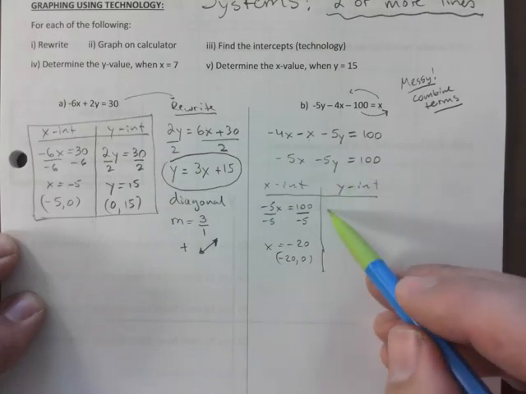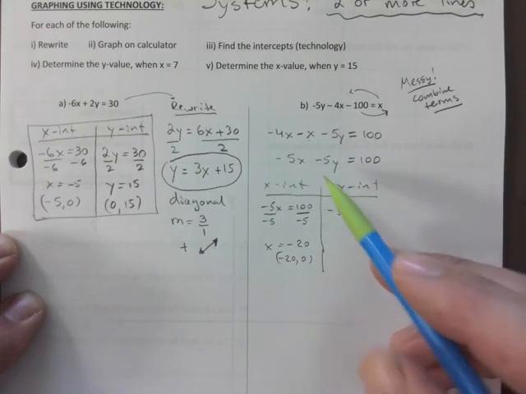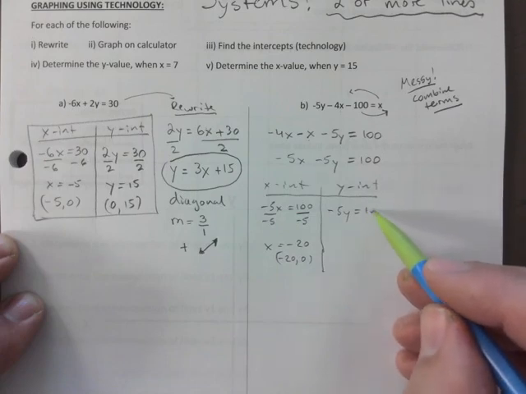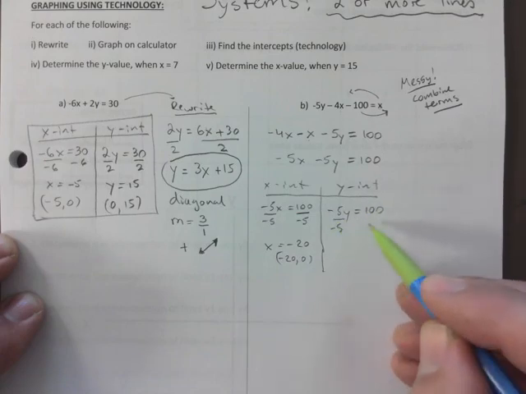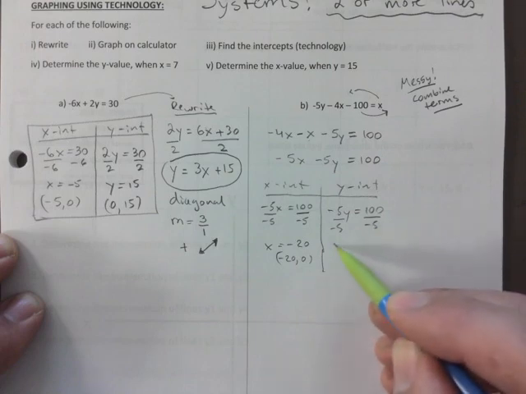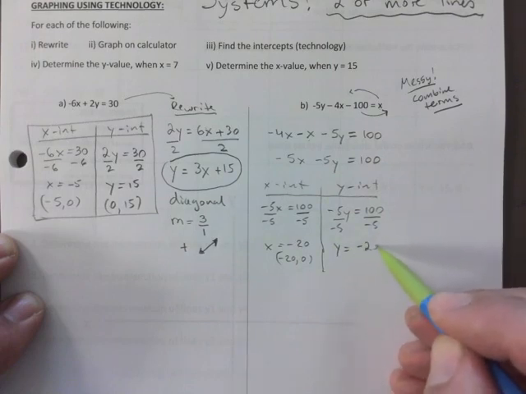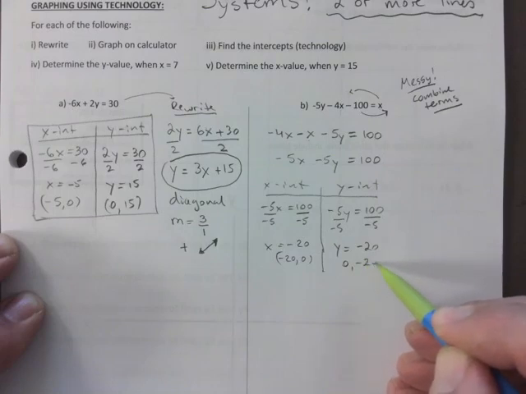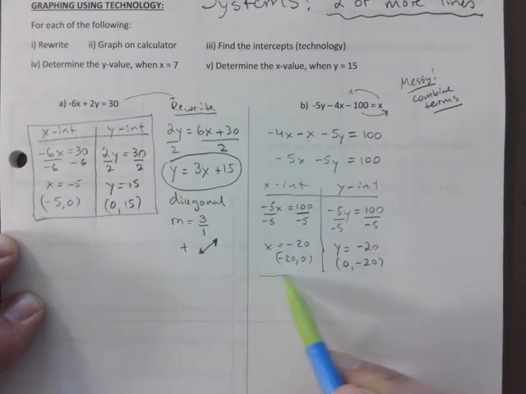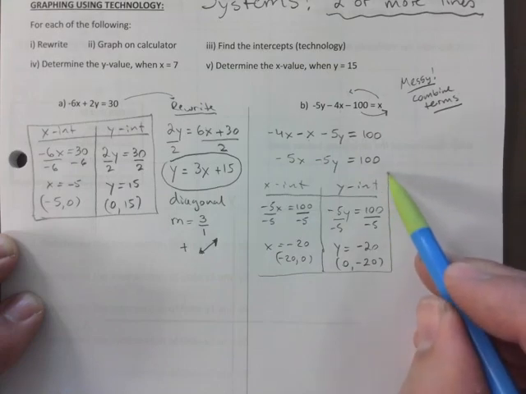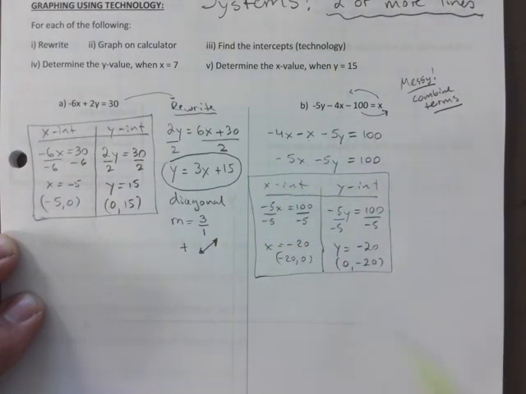On the other hand, for the y-intercept, the x term turns 0. You end up with y is equal to negative 20. So it's 0, negative 20. You basically have the same value for both intercepts.